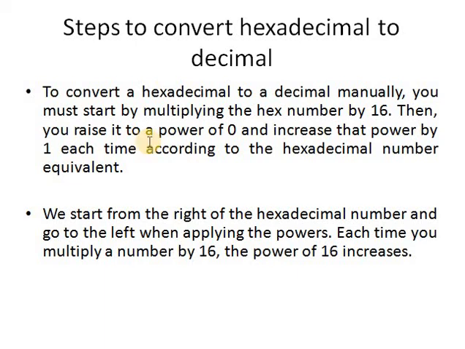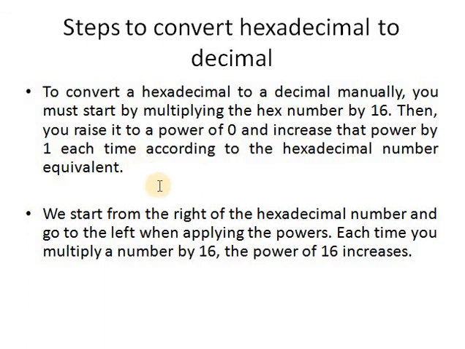See here, these are the important steps you should remember to convert hexadecimal to decimal. To convert a hexadecimal to a decimal manually, you must start by multiplying the hex numbers by 16, then you raise it to a power of 0 and increase that power by 1 each time according to the hexadecimal equivalent.